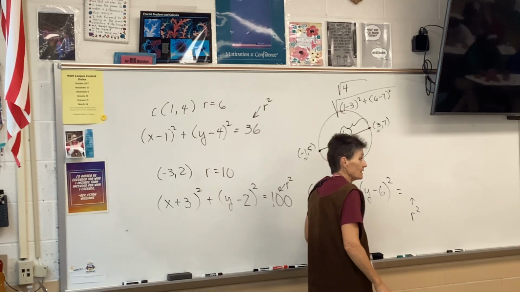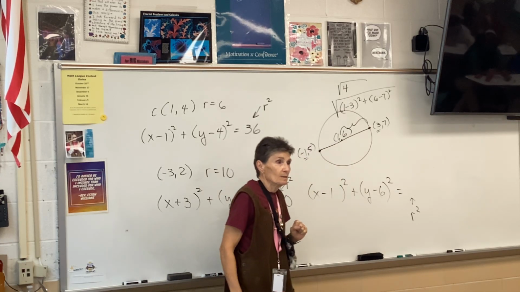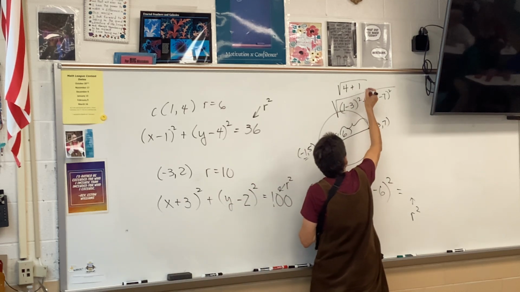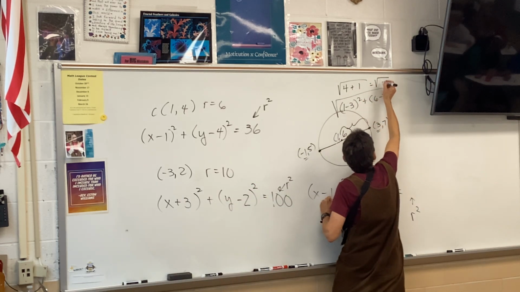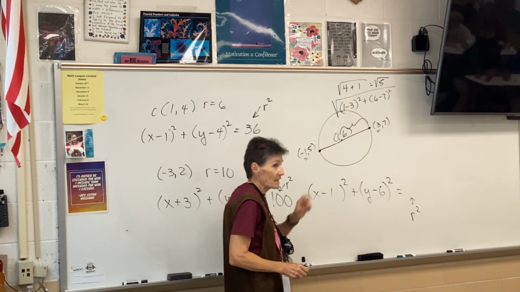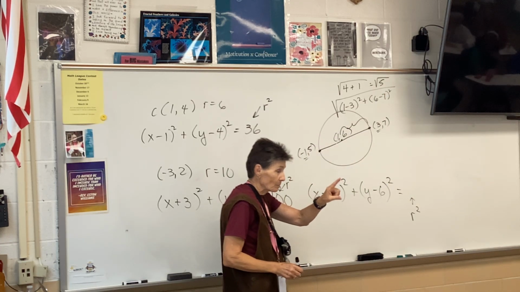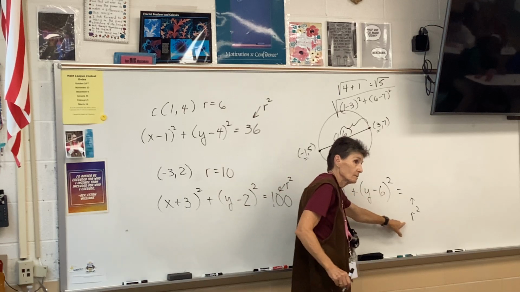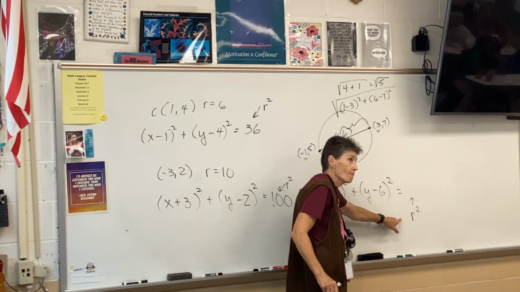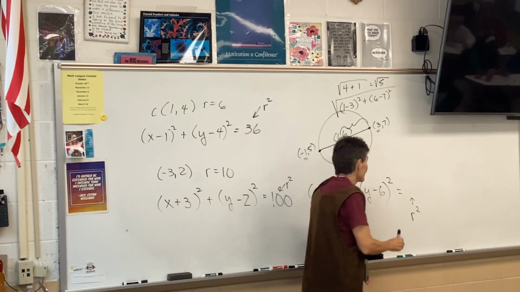6 minus 7 is? 1. -1 squared is 1. So it's a square root of 5? Yes. That's your radius. What goes here? 25. Oh, 5. Just 5.